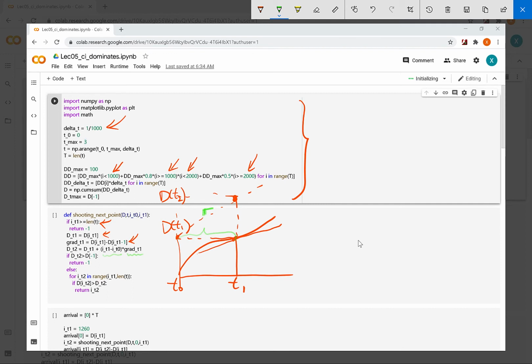And then finally, we get the height of the triangle plus the initial location of this triangle. We can predict dt2. So after this calculation, we need to check if dt2 is beyond dt max. Otherwise, t2 is also beyond t max. If both t2 and dt2 are within a reasonable domain, we will return the index of t2. So this is our output.